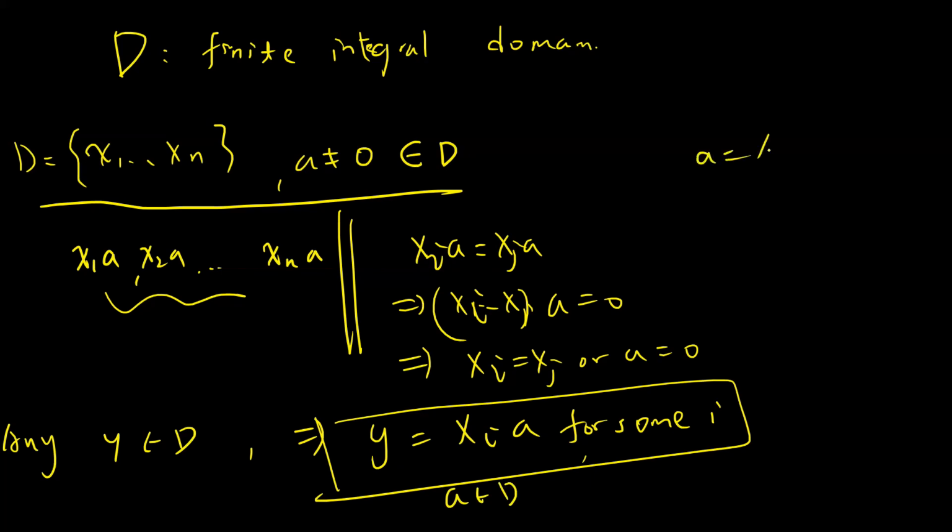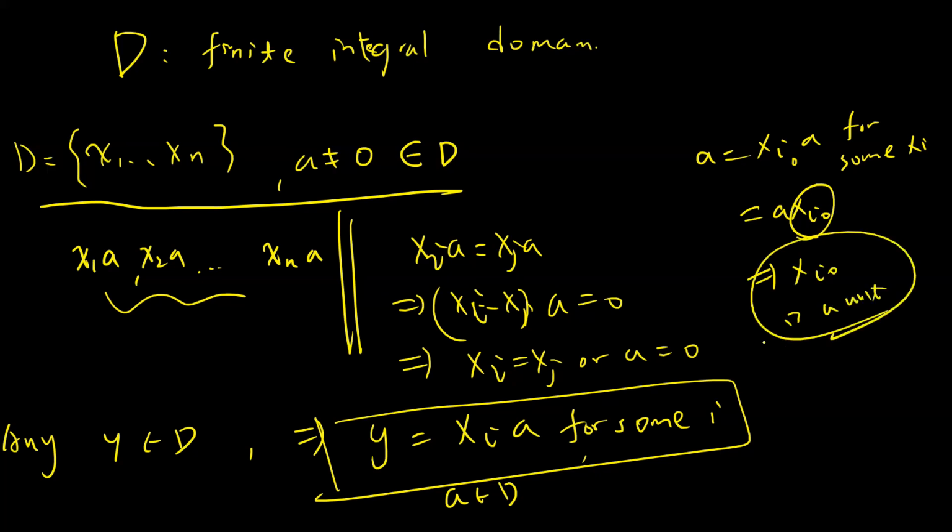Let's call this i0, so there's always an i0. But since this is commutative, this is a xi0. So then you see that xi0 is a unit.